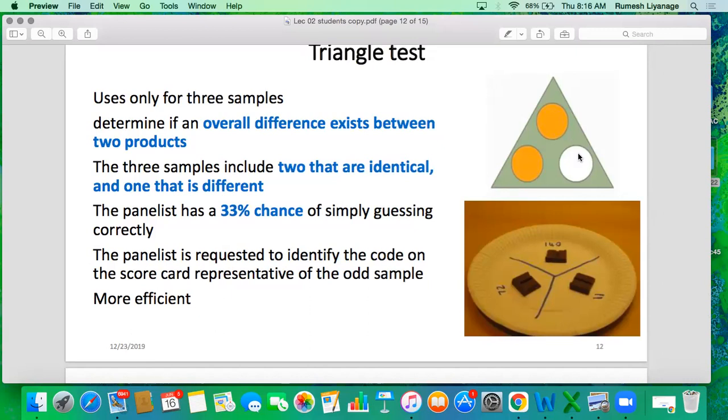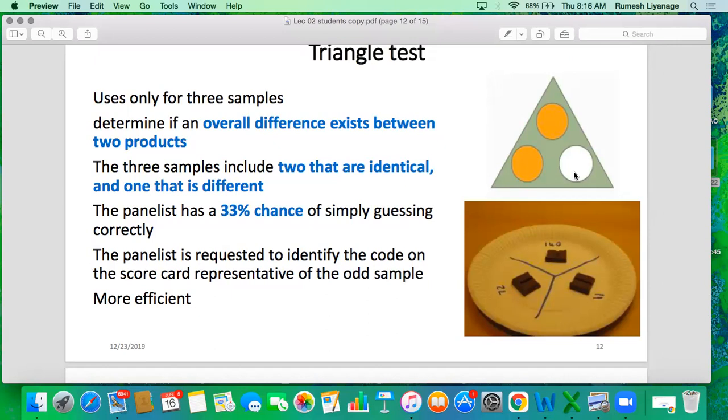So we use this type of triangle test descriptive method for very similar food products. As an example, suppose there are 2 batches of ice cream. We use 2 samples from batch 1 and 1 sample from batch 2 and ask the panel members to identify whether there is a difference or not.